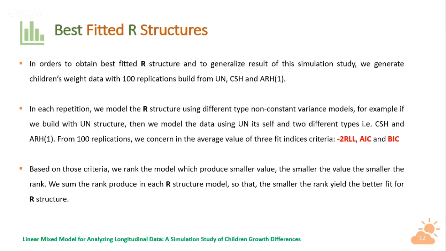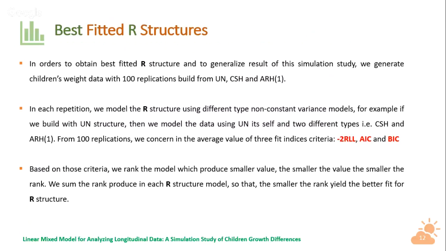In order to obtain the best fitted R structure and generalize the result of the simulation study, we generate children growth data with 100 replications from the unstructured covariance model through heterogeneous first order autoregressive.